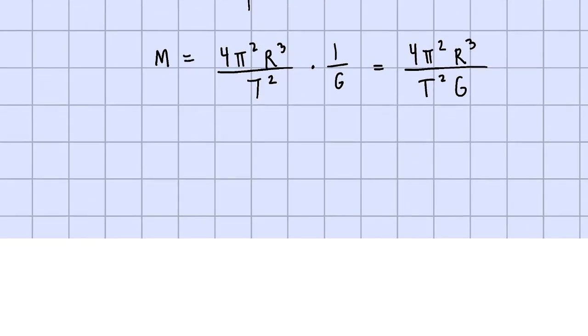And that's our answer. So I'll rewrite it one more time neatly. M is equal to 4 pi squared r cubed all over t squared g. And that's our answer for part 2.